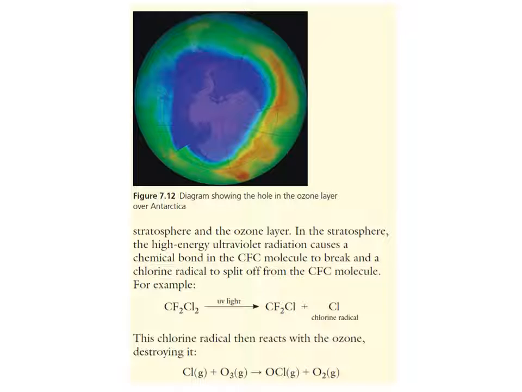And here the story starts: because the bond breaks, a chlorine free radical is formed, and this chlorine free radical is a highly reactive species. It can react with ozone in the stratosphere and divide it into an oxygen free radical and an oxygen molecule. So ozone is broken down by this chlorine free radical, and you won't believe it, one chlorine free radical can break more than 1 lakh molecules of ozone.